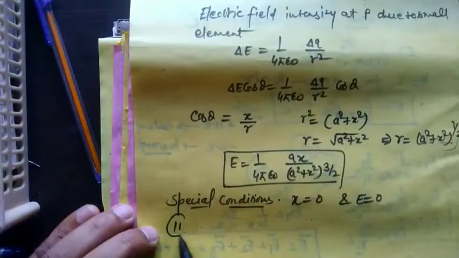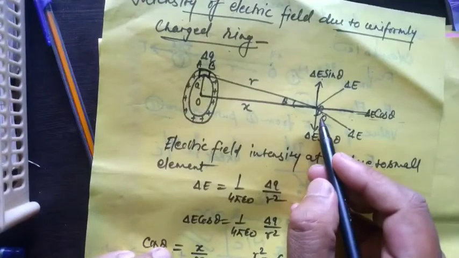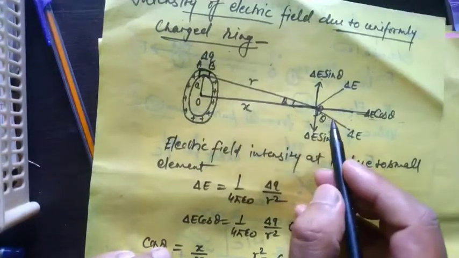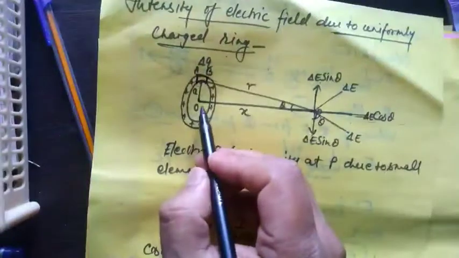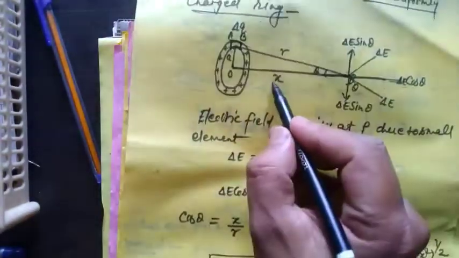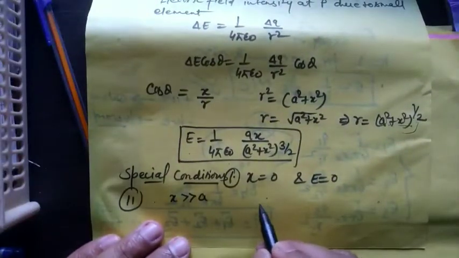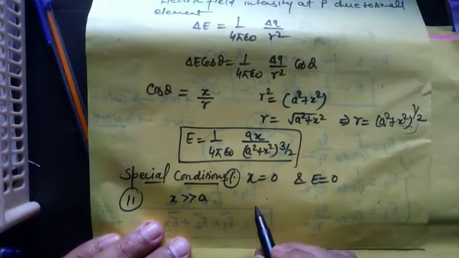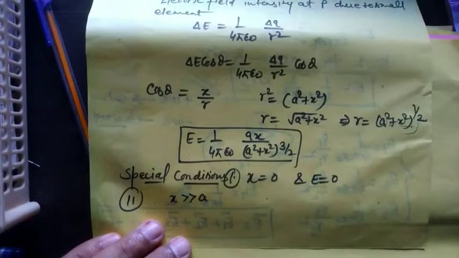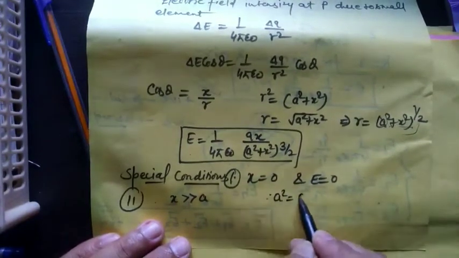In the second condition, if this point P is far away from the center point of the ring, then what will happen? x is very, very much greater than a. We can take a square as negligible in comparison with x square, so a square equals 0.